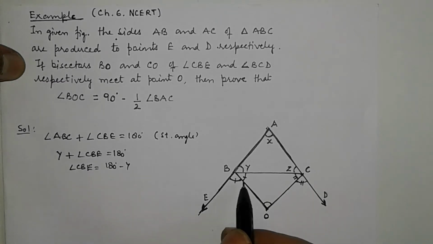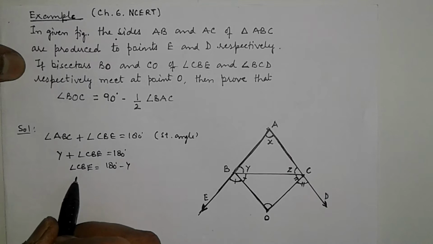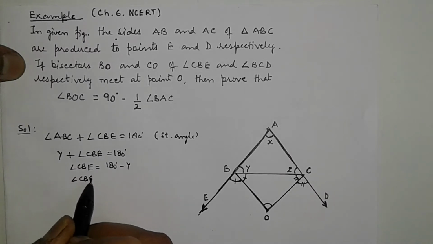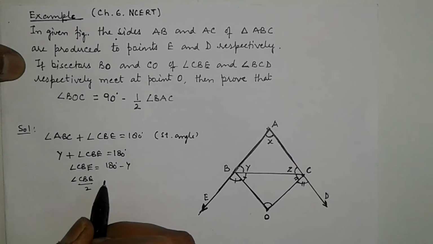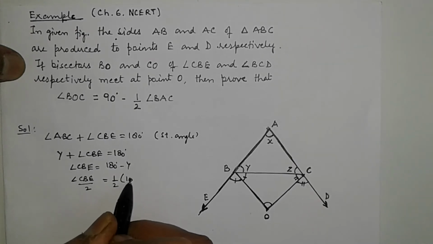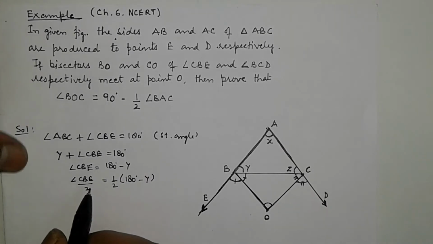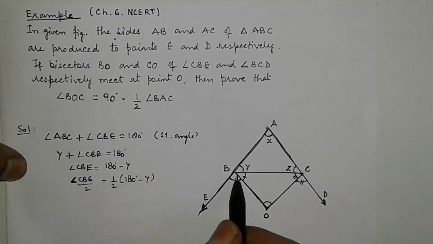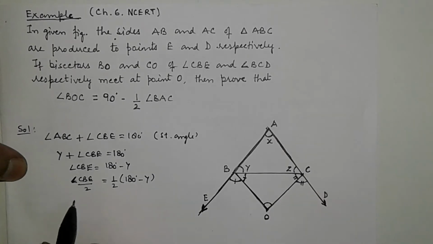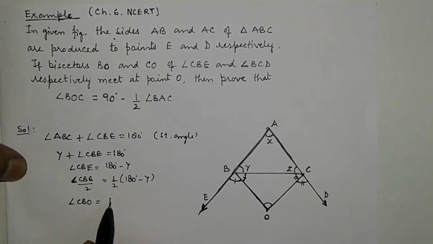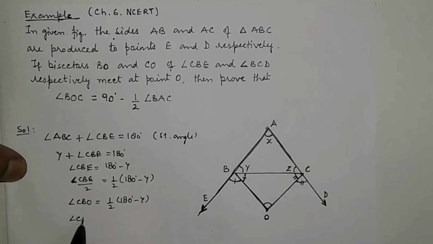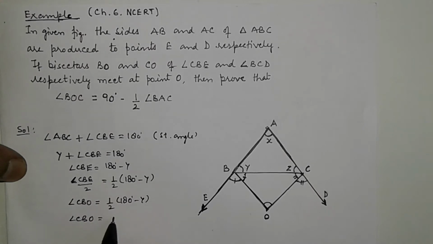Now if you divide CBE by 2, CBE divided by 2 is equal to half of 180 minus Y. So half of CBE is angle CBO, equal to half of 180 degrees minus Y, and if you open it you will get angle CBO is equal to 180 degrees by 2 minus Y upon 2.